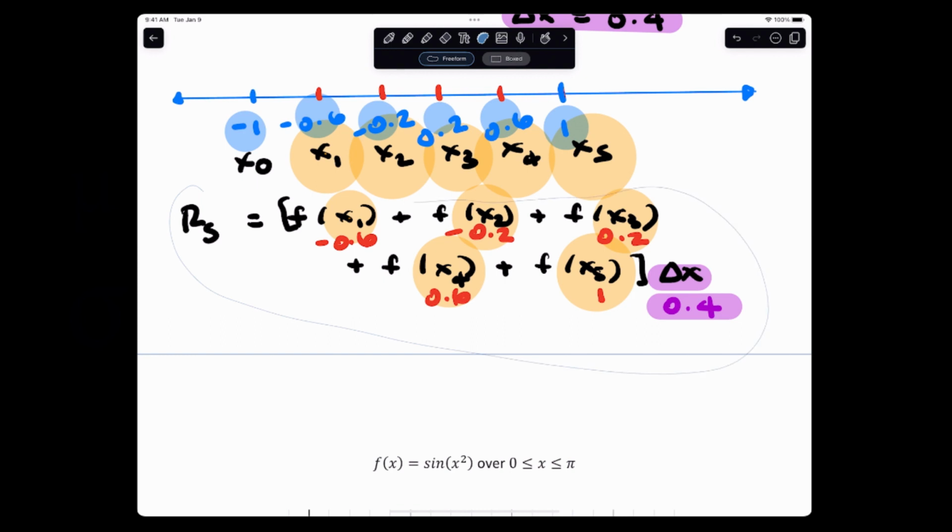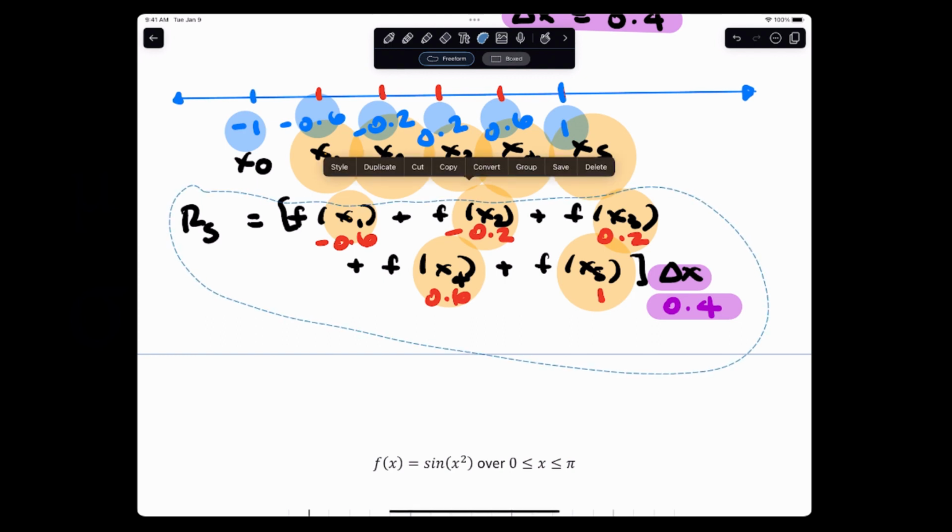So this will give you the right endpoint approximation now. Let's copy.